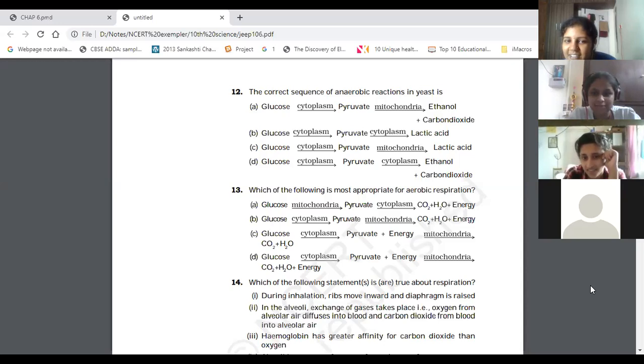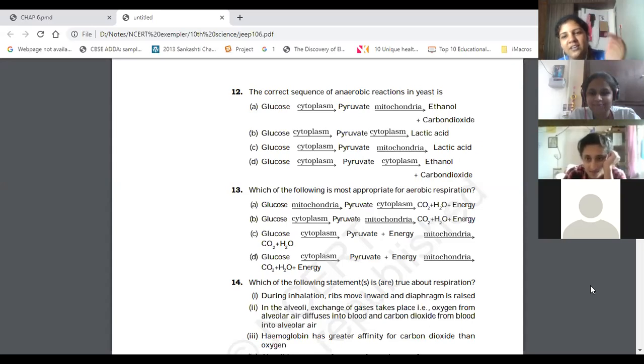Option D. Because C and D, what is the difference? CO2 plus H2O plus energy. In C, energy is not present, and we know that energy is always released. So option D is the right option. So always check each and every statement properly.